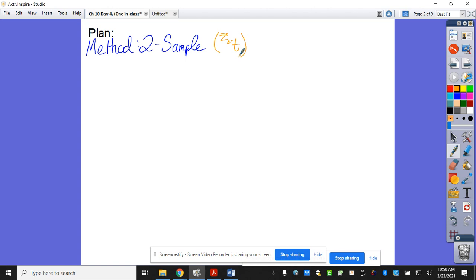Sometimes I write z/t and sometimes I write z or t. Sometimes when people look at it, they think it's divided by, which there shouldn't be anybody who thinks that because you're lost if you do. But what comes right after that? Interval for difference in means.